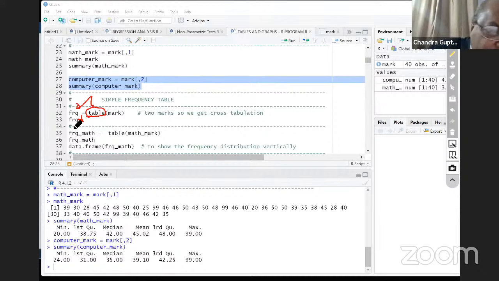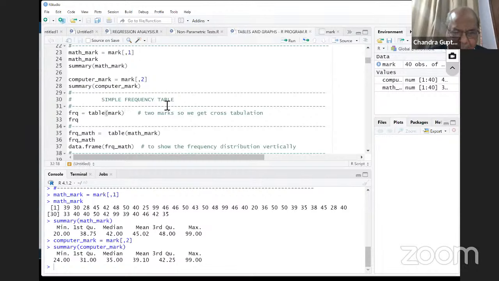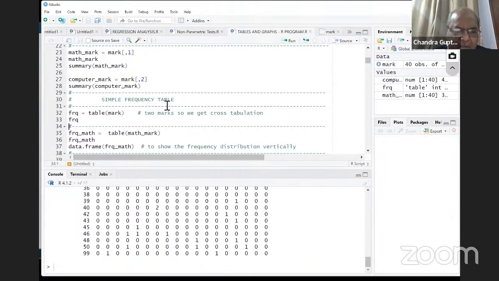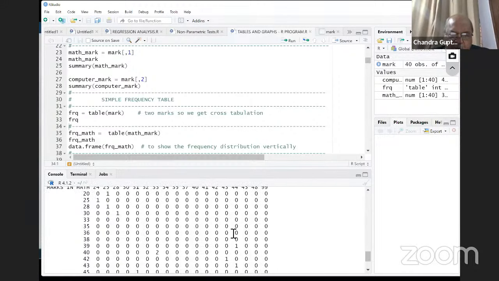Similarly, you can get the frequency table of the maths marks only, and I show you how we can do that. And if you see what is there in the frequency, it's a cross tabulation because we have two variables in it, the maths marks and the computer science. So it gives you the cross tabulation of both.